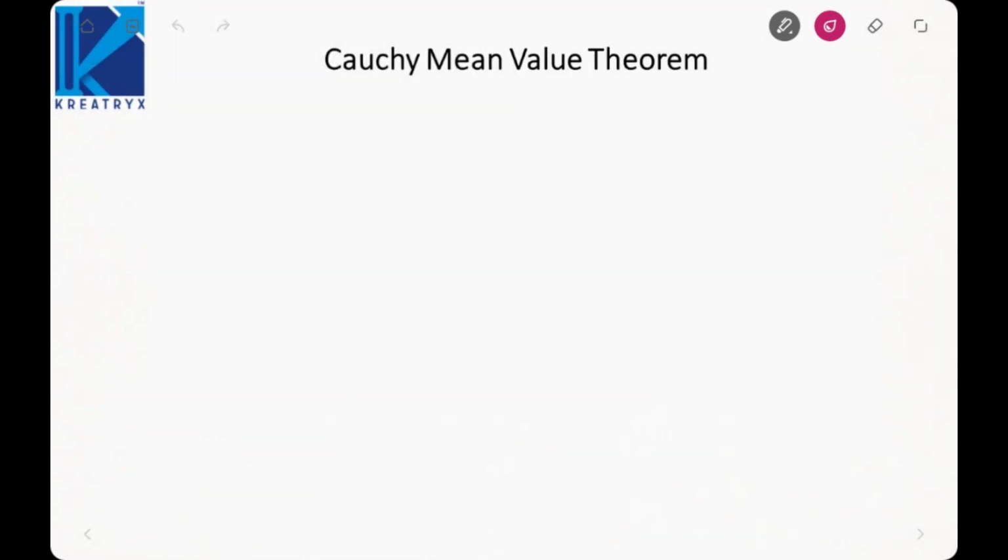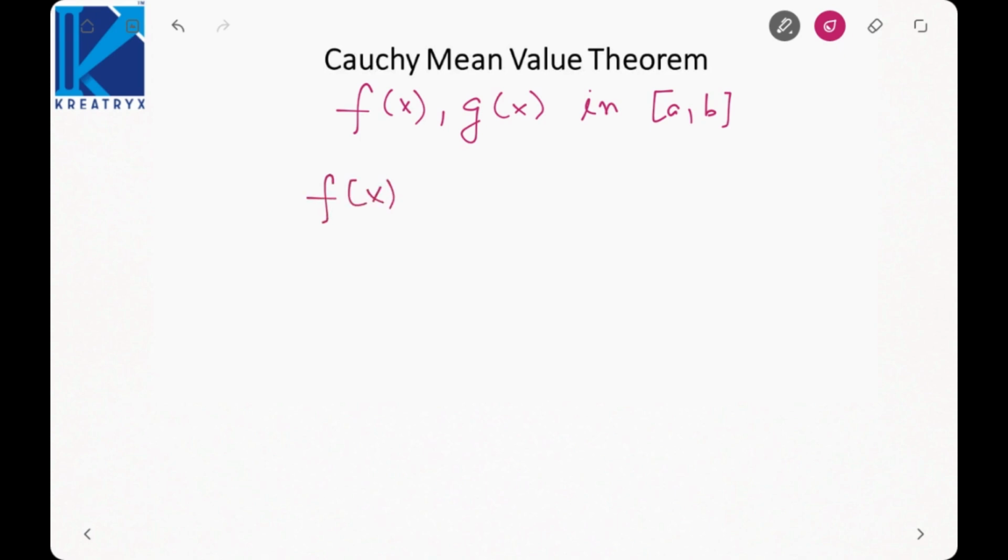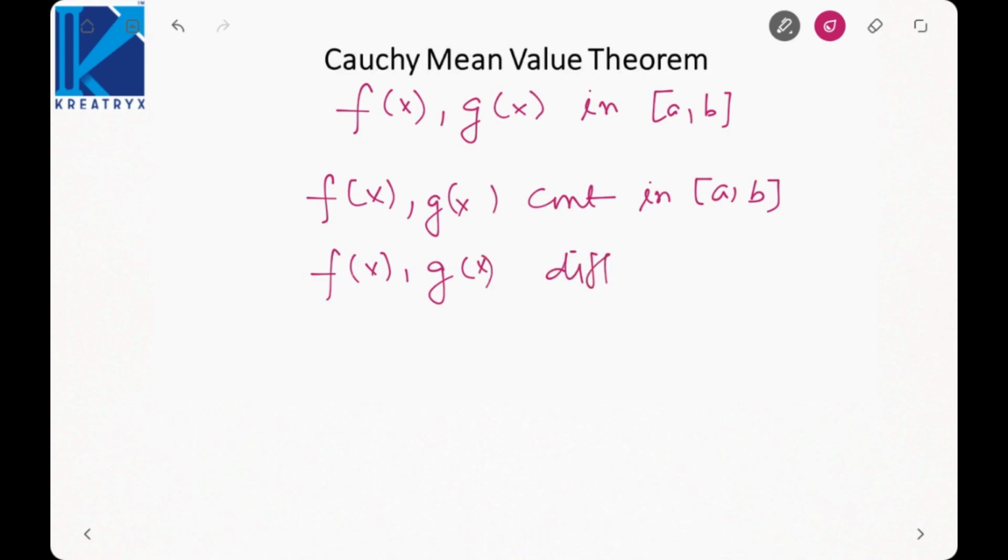The next mean value theorem that we look at is called Cauchy's mean value theorem. Now it takes into account two functions, that is f(x) and g(x), which are defined in a to b. Now again we have the same conditions: f(x) as well as g(x) is continuous in a to b. Then f(x), g(x) are differentiable in a to b.